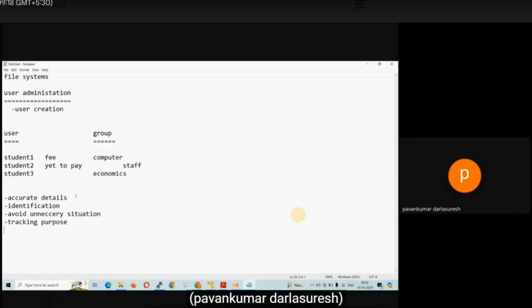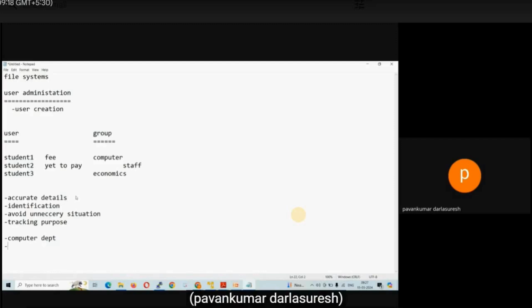This is related to the user. In users also, we have some categories to consider. For example, you are a BTech or BSc student, whatever it may be. Everyone has some additional features too. Say there is one student who has access to the computer department, additional access.